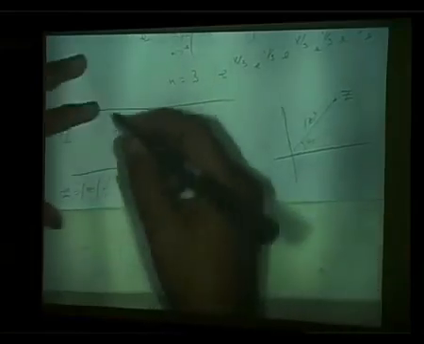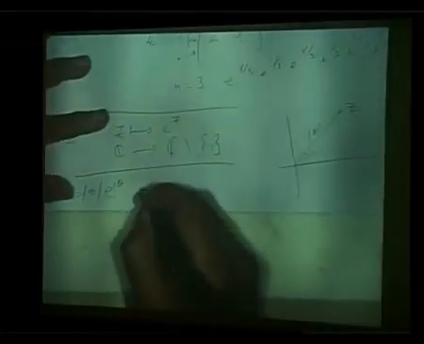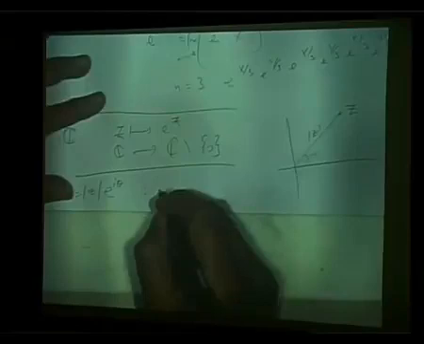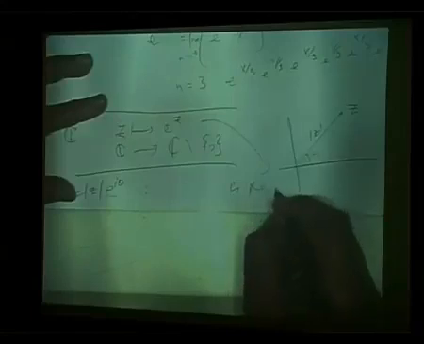If we take now 45 degrees and take 360 degrees more, then you are at the same place. So we see that this function is periodic with period 2 pi i.